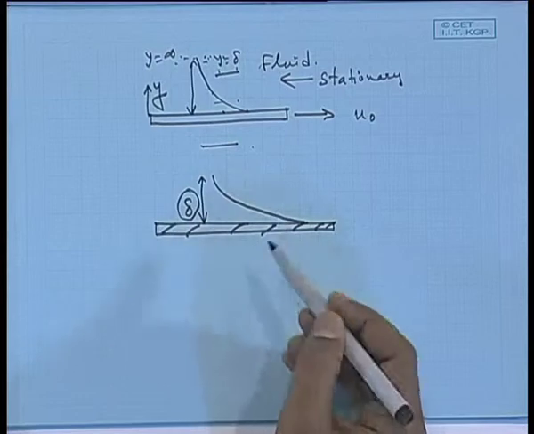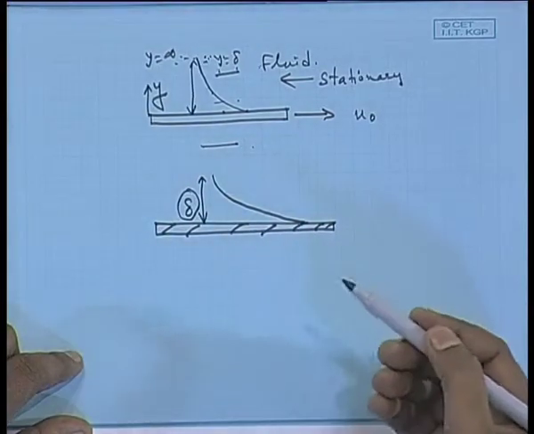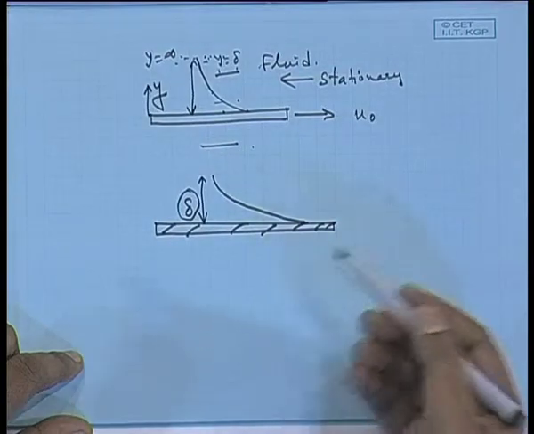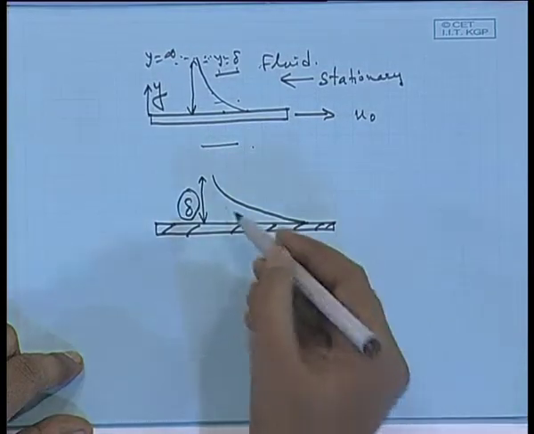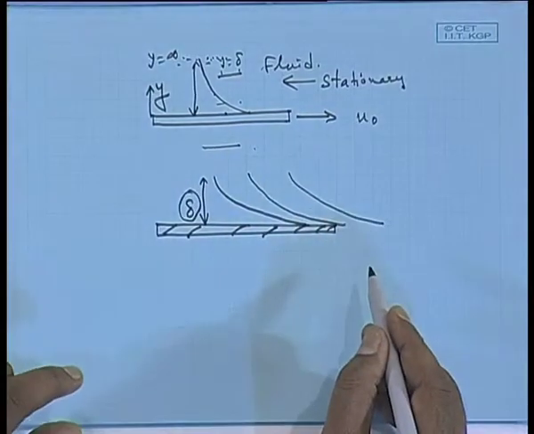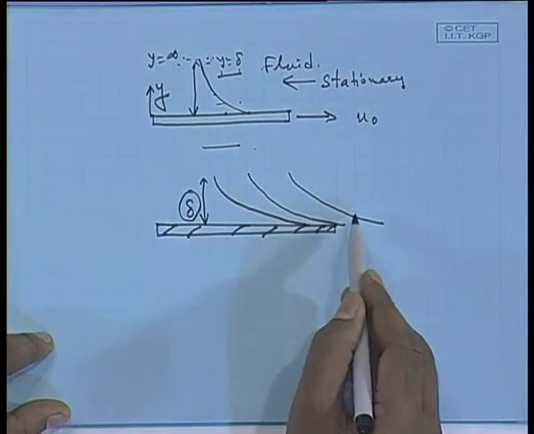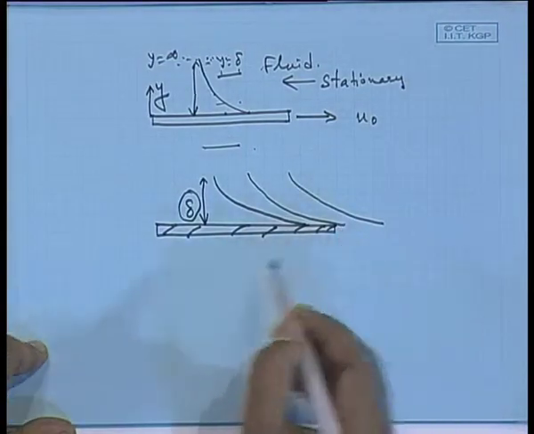Now, if you look at the profile of velocity at different points of time, suppose it is a transient problem, okay, at different points of time, the shape of this profile becomes similar. These profiles are known as self-similar profiles.